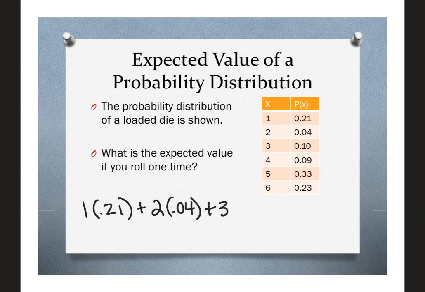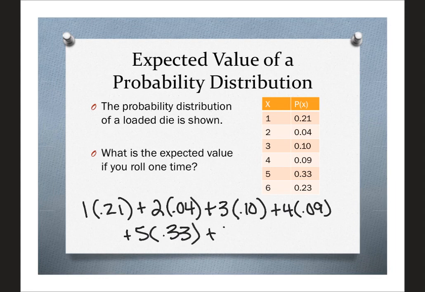Add it to 3 times its probability. Add it to 4 times its probability. Add 5 times that probability. And add it to rolling a 6 times its probability. So your expected value when you multiply each one and add it up is 3.98.